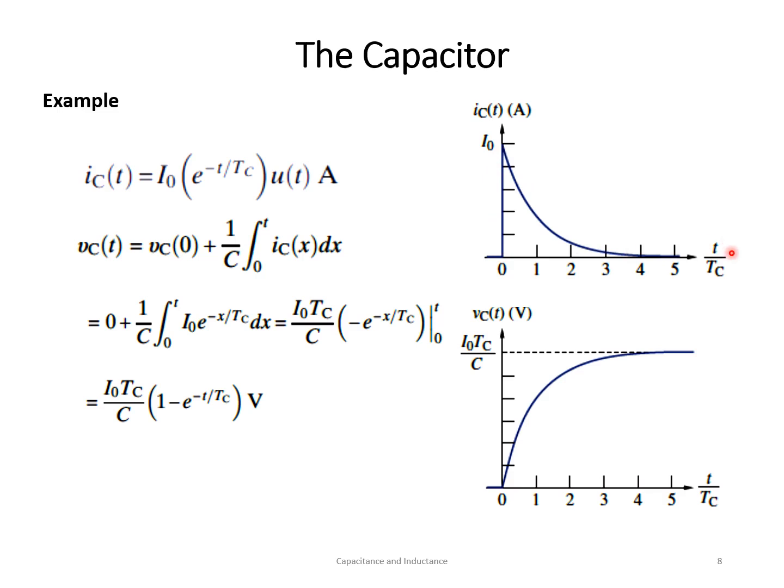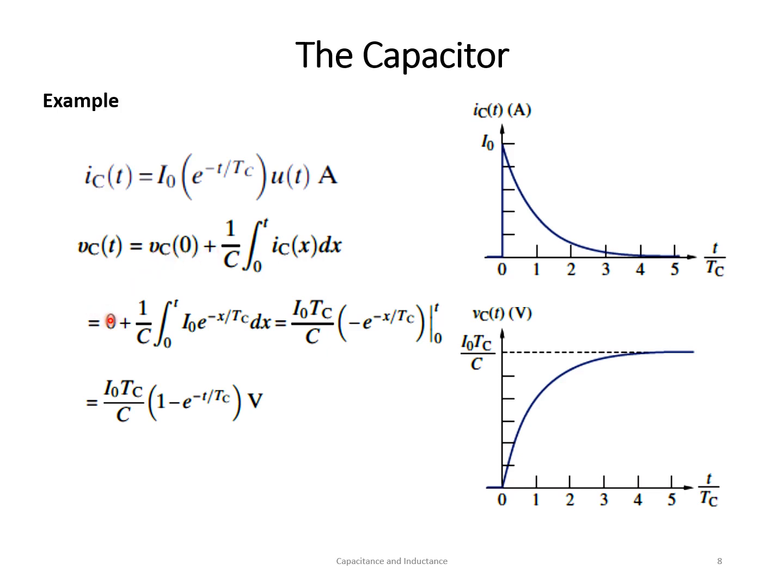Again, we use t by tc instead of t on the horizontal axis. This is a common practice. You can use t, and if you use only t, then you will write here tc, 2tc, 3tc, and so on and so forth. We know the voltage across the capacitor. This is 1 by c times the integral from 0 to t of the current plus any initial voltage across the capacitor.